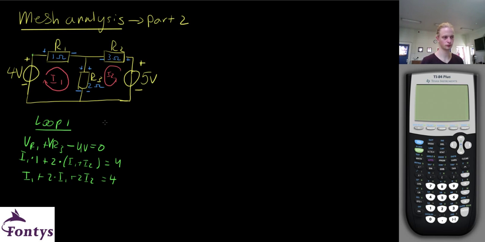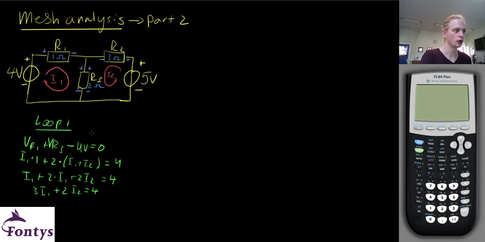And then of course we can add the two I1s together, so you get 3 times I1 plus 2 times I2 equals 4. And I'm just going to leave it at that for now.